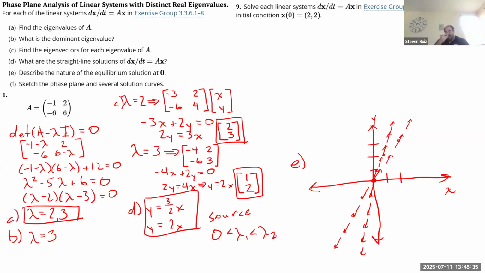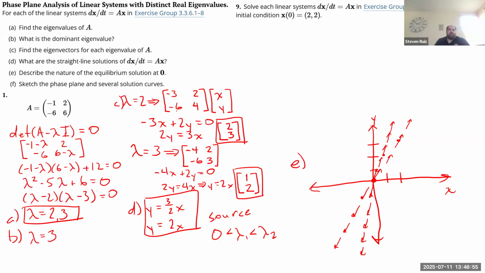Another way to say that: both my eigenvalues are positive. In these cases, my equilibrium is fully unstable. Any initial condition that deviates from the origin at any distance is going to trend away.